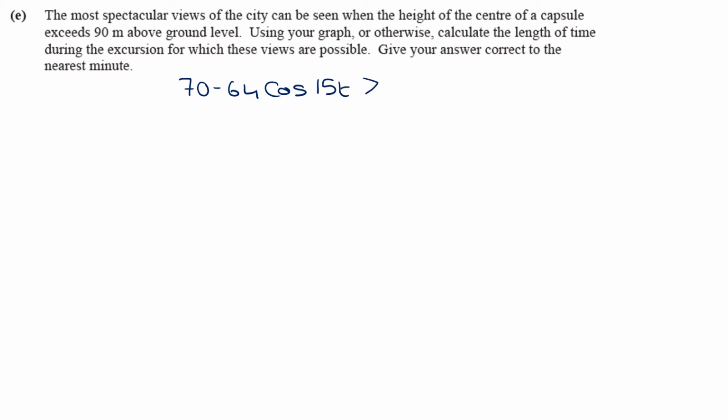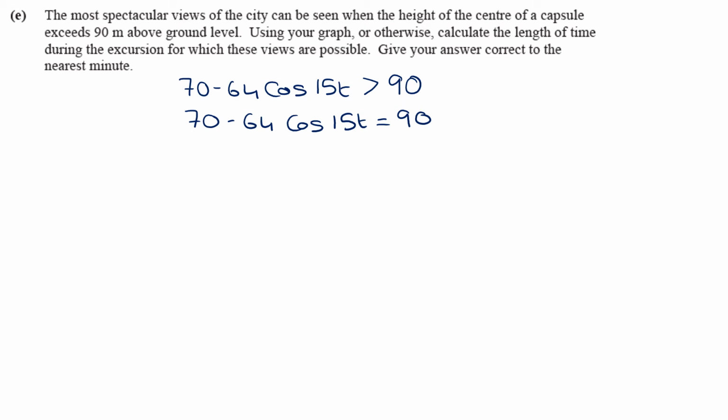Remember, we're in degrees, and we're trying to find it greater than 90. Now, this can be a little bit tricky to do. If you want, ignore the inequality for a minute, and let's just work with the equation, so where it's equal to 90, and we're looking for times outside of that. So we're going to get the 2 points where it's equal 90.